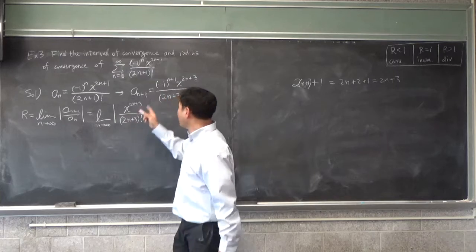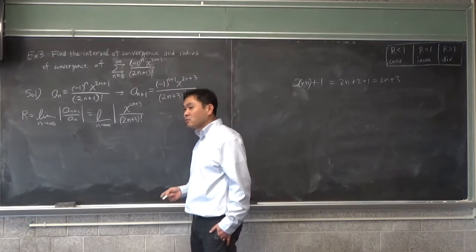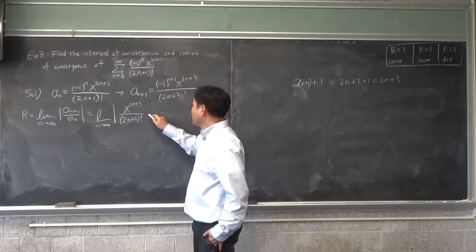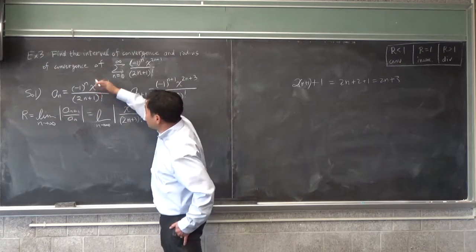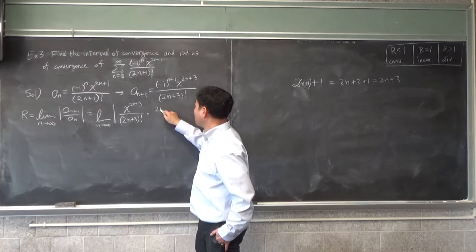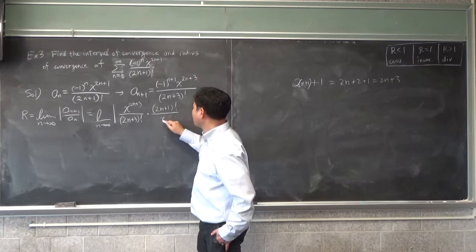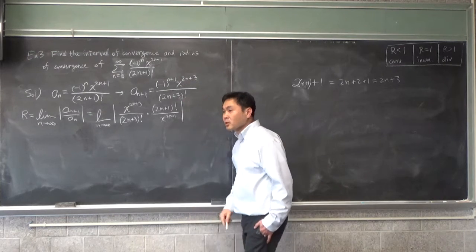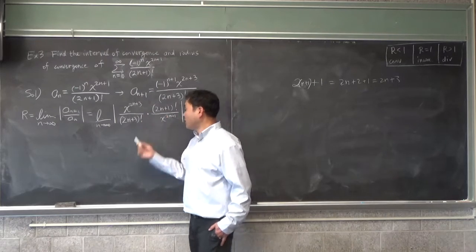As you see, I've ignored the negative 1 to the n plus 1 power, because when you're taking absolute value, it doesn't do anything. And then division becomes multiplication if you flip this, so you get 2n plus 1 factorial on the top, and x to the 2n plus 1 on the bottom. And this suggests that I want to divide this by this and this by that.